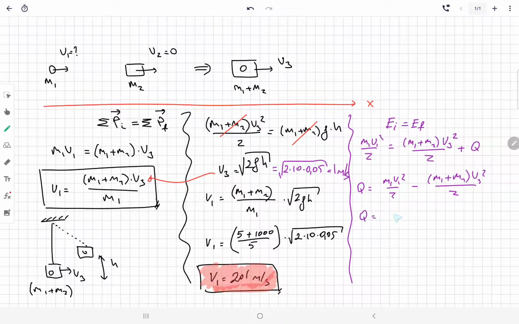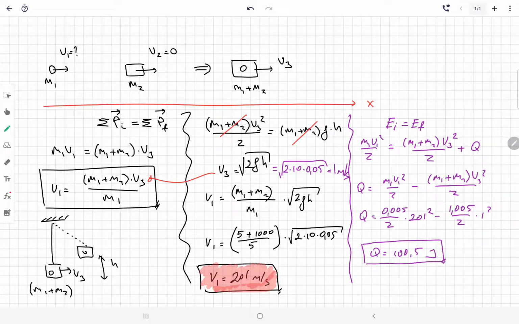So Q equals M1, which is 5 grams, in kilograms 0.005, over 2, times V1, which is 201 squared, minus total mass M1 plus M2, which will be 1.005 in kilograms, over 2, times 1 squared. So Q equals 105 joules.